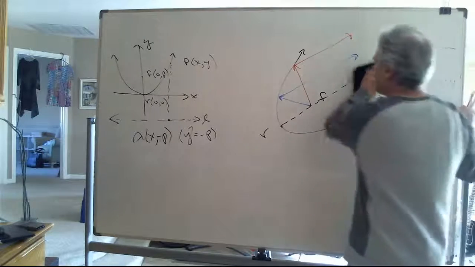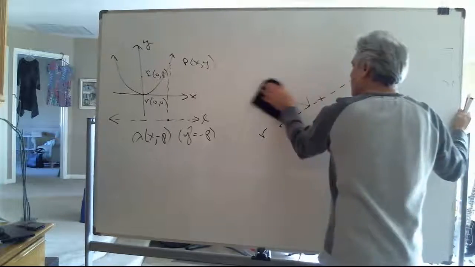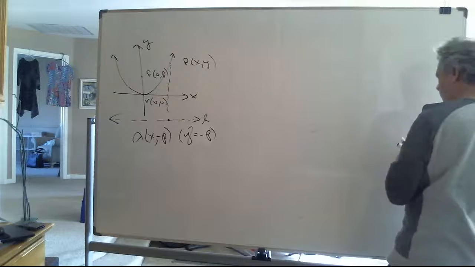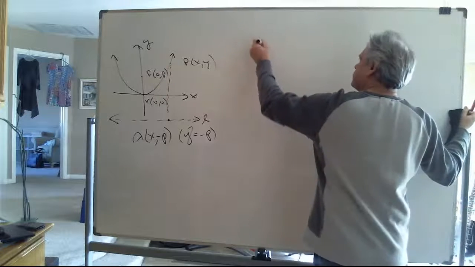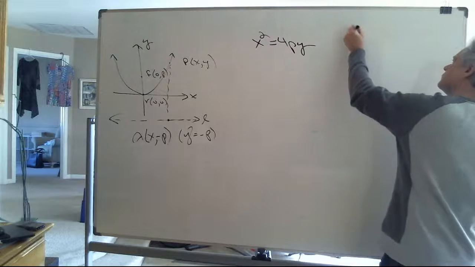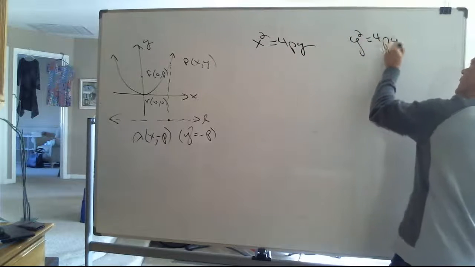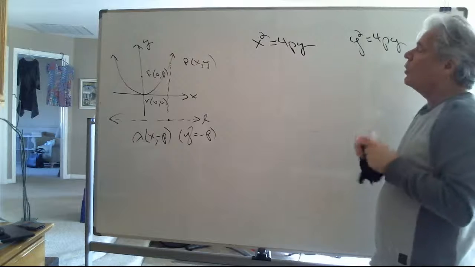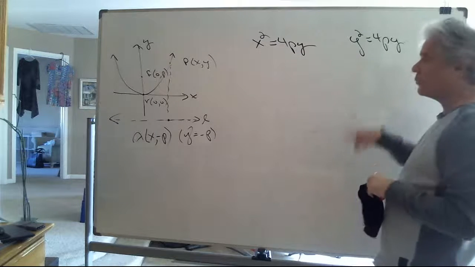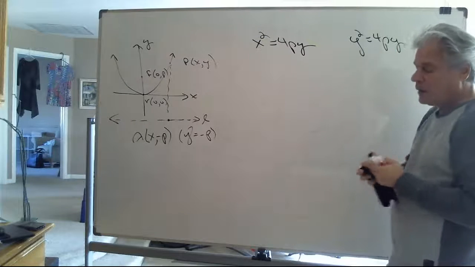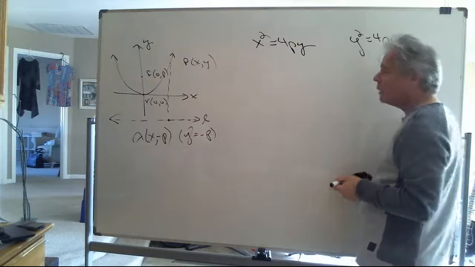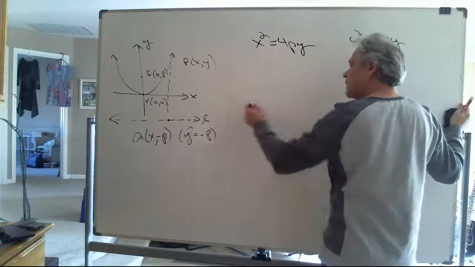Now, if the vertex is not at the origin, then look at what it looks like originally. So with the vertex at the origin, opening up or down, that's the standard form. Opening left or right, vertex at the origin, that's my standard form. If, however, the vertex is located at (h, k), then the standard form becomes this.